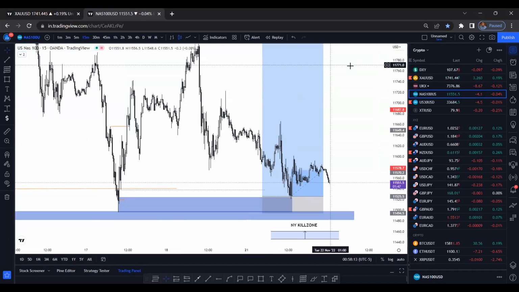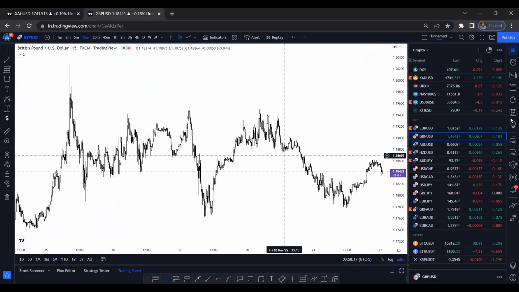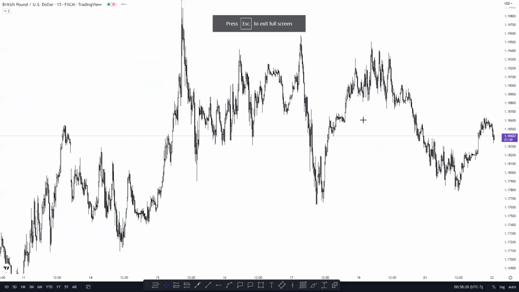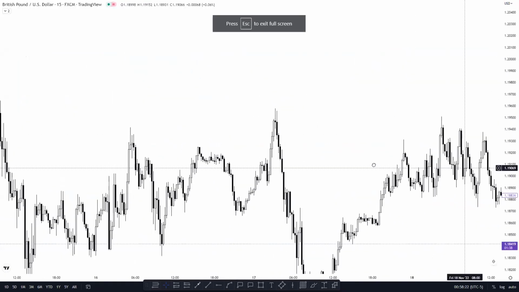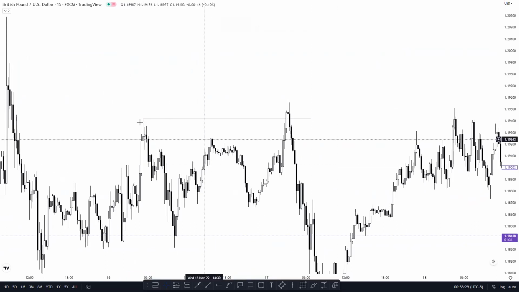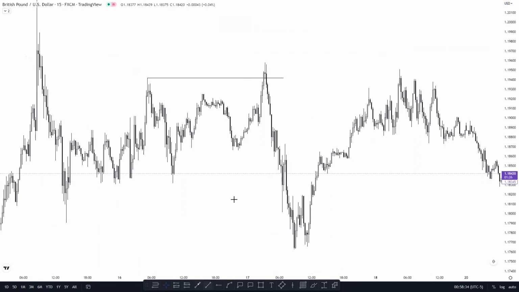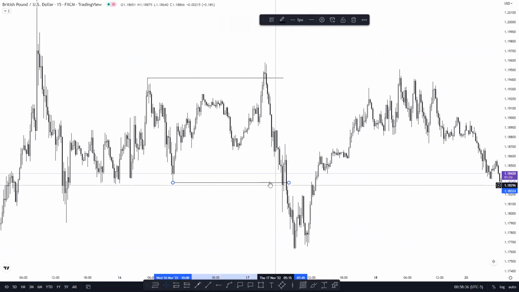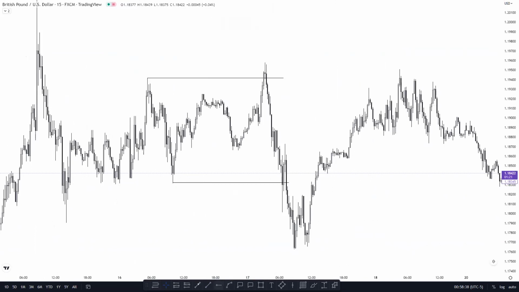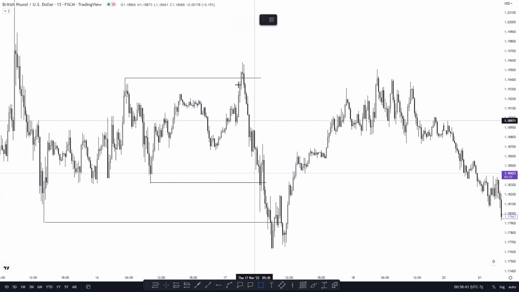Okay. So I have shown you a few steps. Let me show you again. Same thing here. You see, this high has taken out all these highs, right? This high as well, and broke below this low, and this low as well. So what happened? You had this as an IPA candle. Am I right?